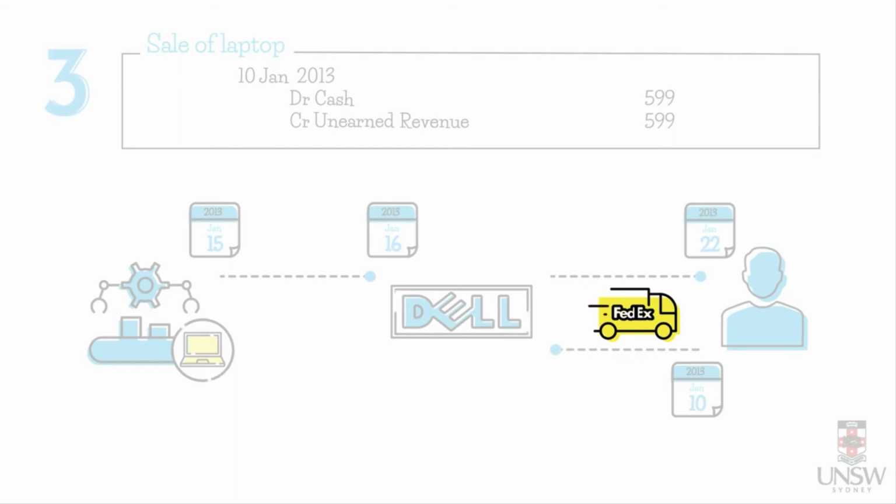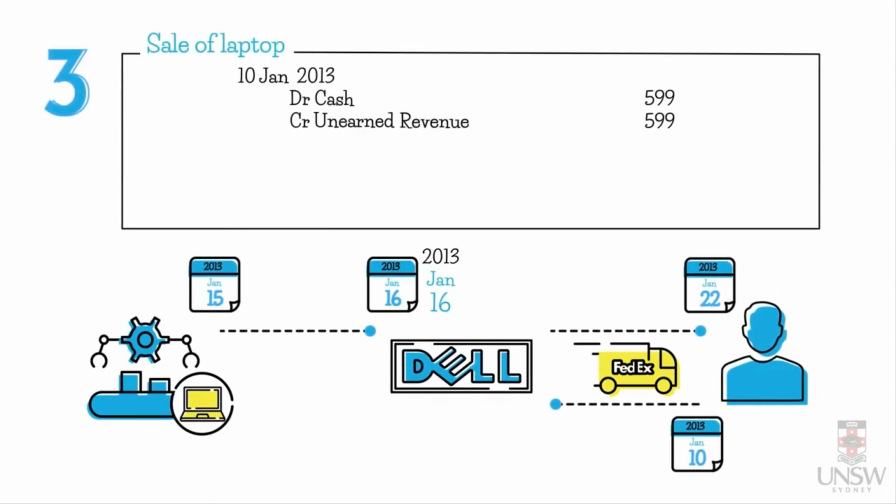If the customer does not receive their laptop, it's FedEx who would have to replace it, so they would have insurance for that. If you have made that assumption that FedEx is taking those risks and rewards, ensuring that delivery, then the date you can recognize the revenue is the 16th of January 2013.